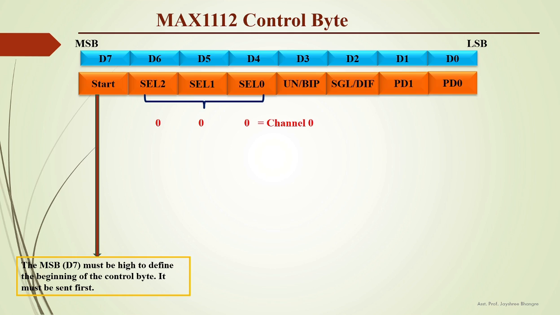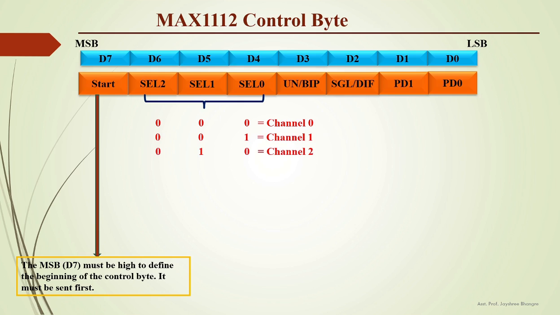If we make SEL2, SEL1 and SEL0 equal to 0, 0, 0, then channel 0 is selected. If we make it 0, 0, 1, channel 1 is selected. For channel 2, we make these bits 0, 1, 0.